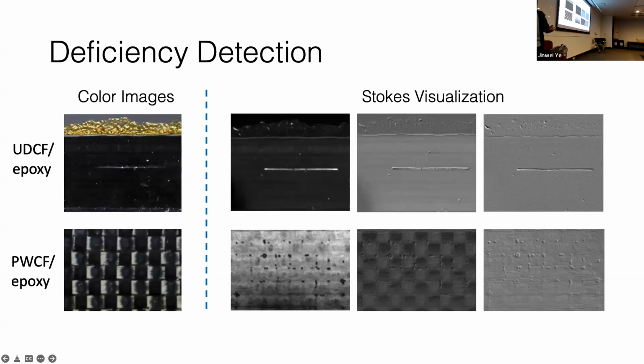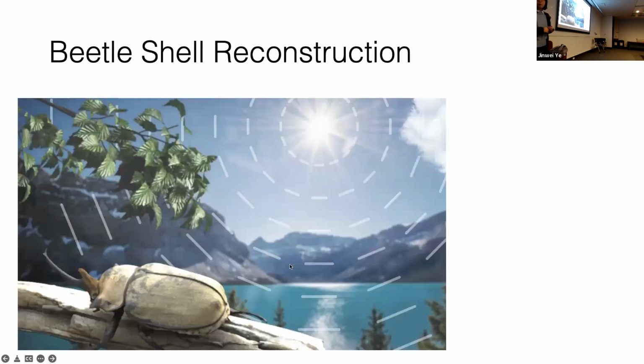For example, these deficiencies on this polymer material. In the color image you can still see there's a line scratch here, but in this polarization view, you can clearly see the length of the scratch, also the width. And here you can barely see any defects because of the texture of the material itself, but under the polarization view, we can see these dents and holes very clearly.